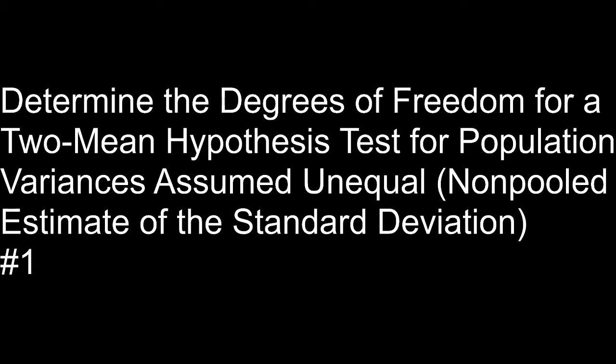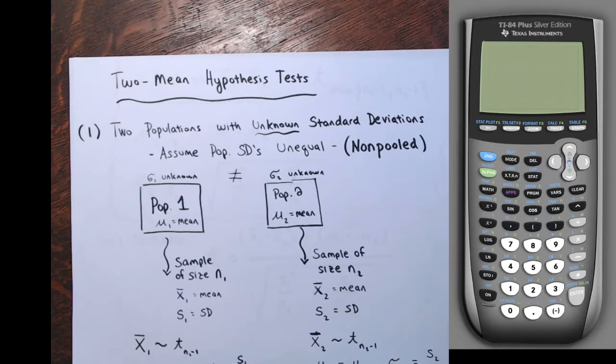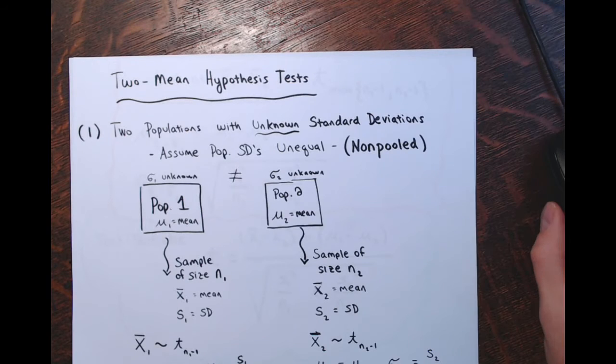We're going to have a non-pooled estimate of the standard deviation. I did go over this in an earlier video on an earlier objective, where I wrote this out previously.